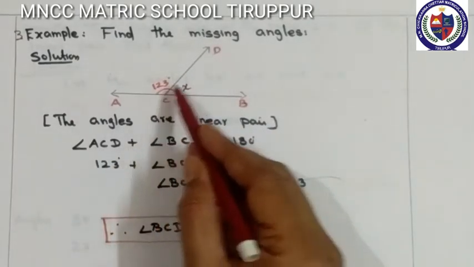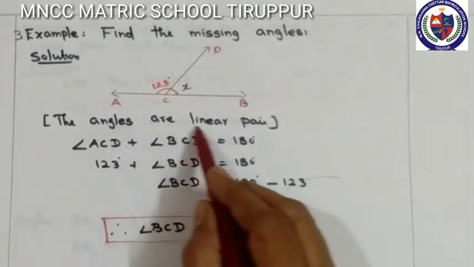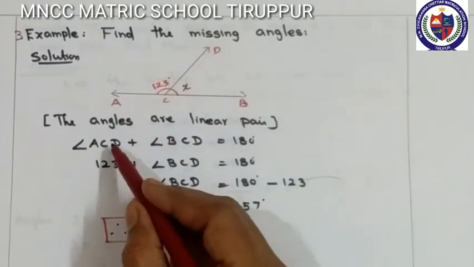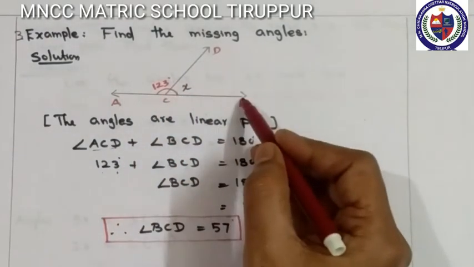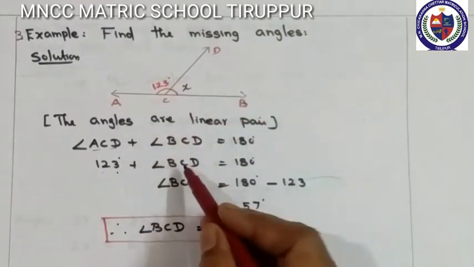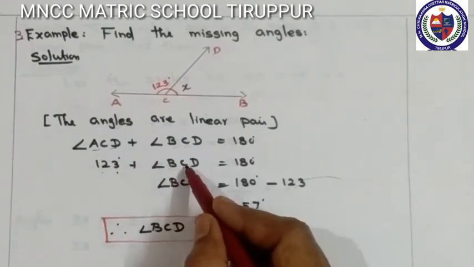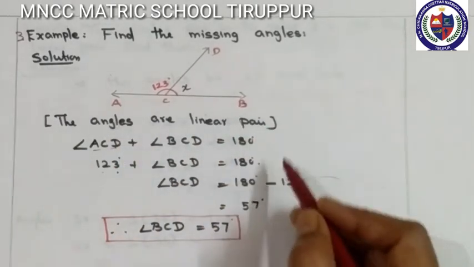The sum of the two angles is 180 degree, because the angles are a linear pair.